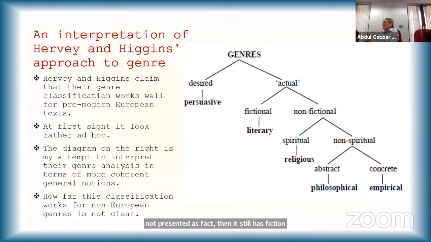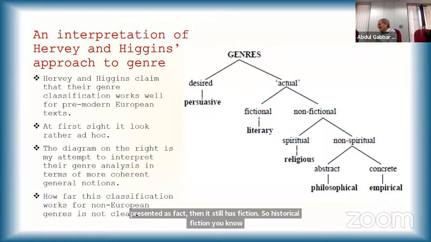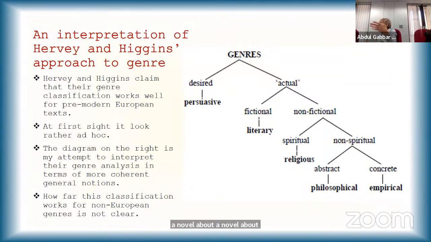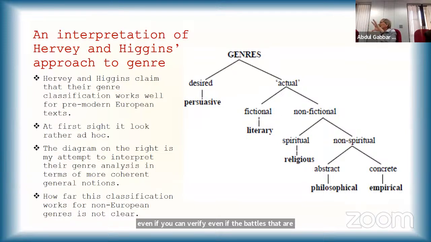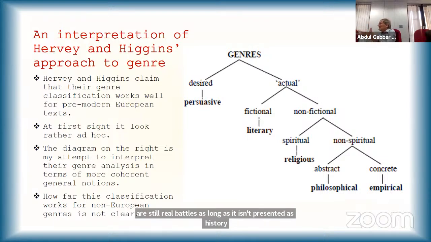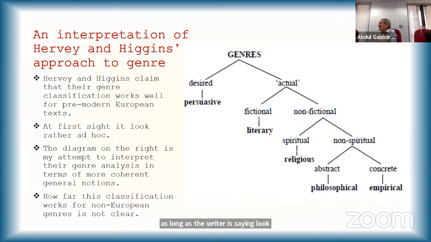So historical fiction, a novel about, I don't know, Salahuddin Ayyubi, is still a novel, even if there are facts in it, even if the battles that are described are real battles, as long as it isn't presented as history, as long as the writer is saying, look, I don't know all these things to be facts. I'm simply presenting a fictionalized account. Some of it may not be true at all. Then you're still in the world of fiction. So you then get literary.